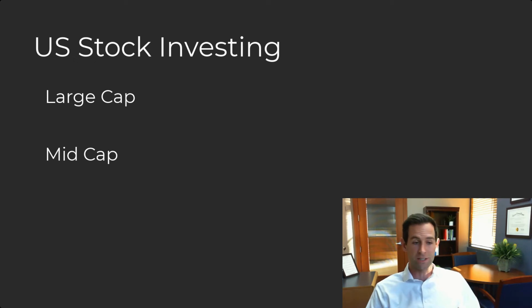In the US market, the US market is broken up into three main categories called large cap stock, mid cap stock, and small cap stock. And the large, mid, and small really just has to do with the size of the company you're investing in. Most of the US stock market is composed of large cap companies in the neighborhood of about 70%.